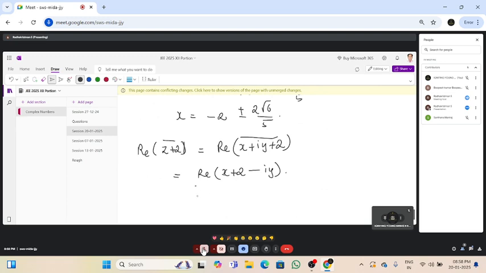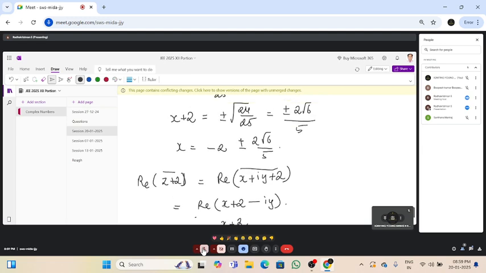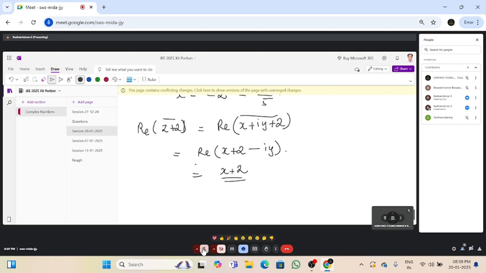And what is the real value of this? It is simply x plus 2. So what they are asking is x plus 2. So we already got the value for x plus 2: plus or minus 2 root 6 over 5. So that is what they are asking for. Okay.